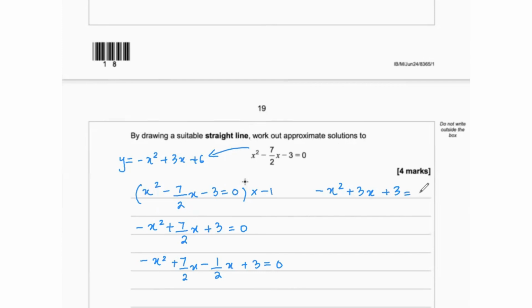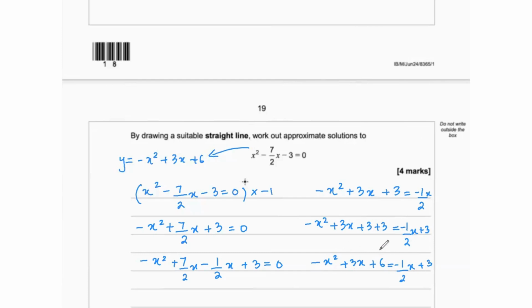And we're going to add negative 1 over 2 x over here as well, because we don't subtract it from one side only, we subtract it from both sides. Then we need to make the 3 into a 6, so we will add 3 on both sides. So that's going to be negative x squared plus 3x plus 6 equals negative 1 over 2 x plus 3.